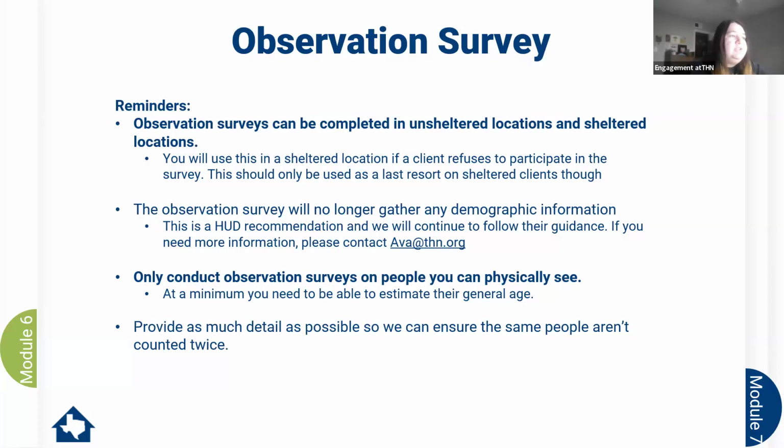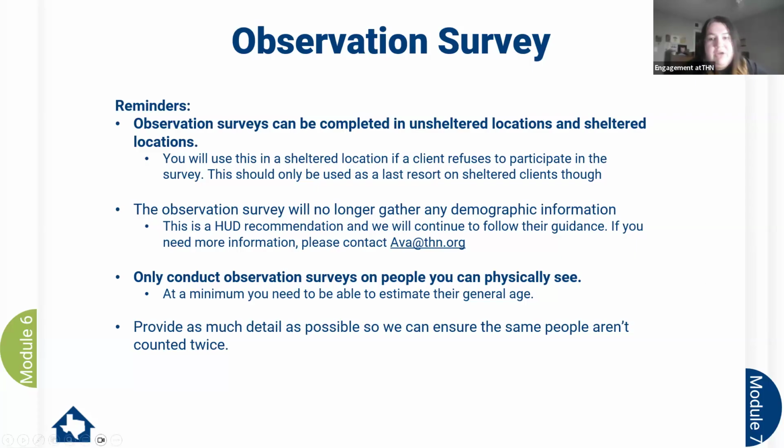The observation survey doesn't gather any sort of demographic information, but we are gathering a description of what the person looks like. We only want to conduct observation surveys on people that we can physically see. If we haven't laid eyes on a person, we don't want to conduct an observation survey. At a minimum, you will need to be able to estimate their general age, and provide as much detail as possible so we can ensure that the same people are not counted twice.